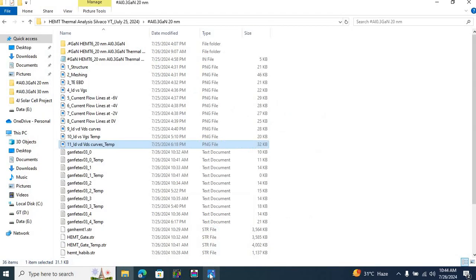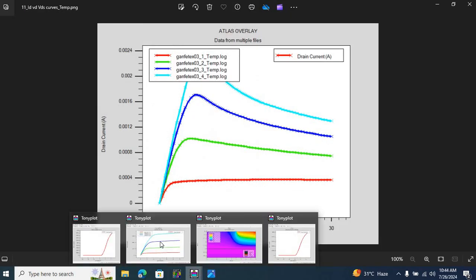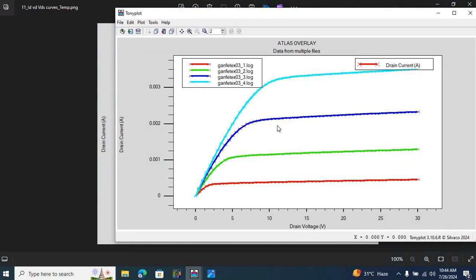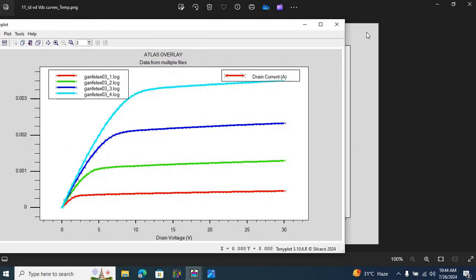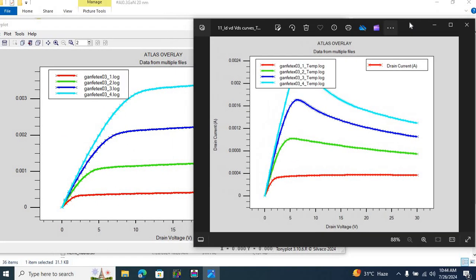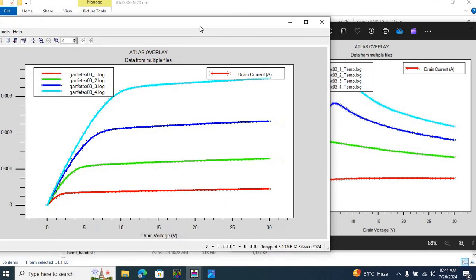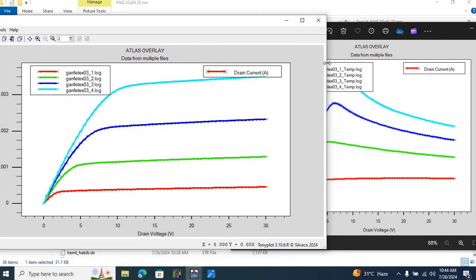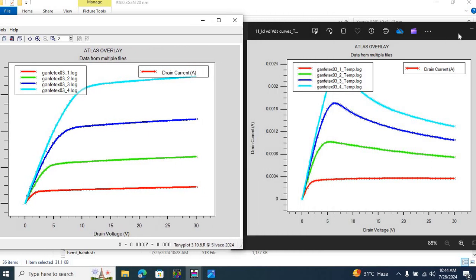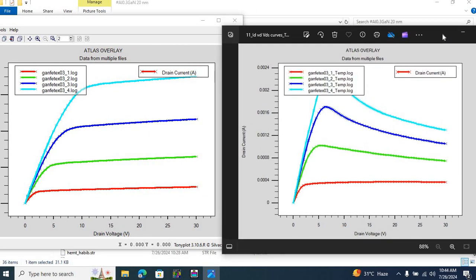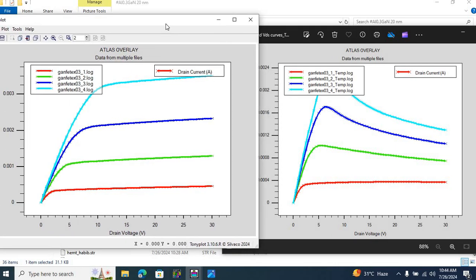And if you compare it to the family of drain current versus drain voltage characteristic curves without heating, you might notice that there is actually deterioration in the drain current if we include the heating effect in the device as well. Like, the first thing you might notice is that the current levels with heating are much lower as compared to the current levels of the device without heating.